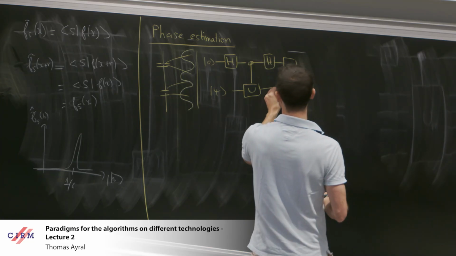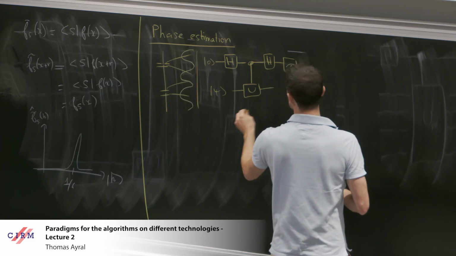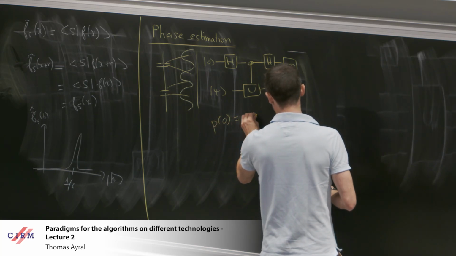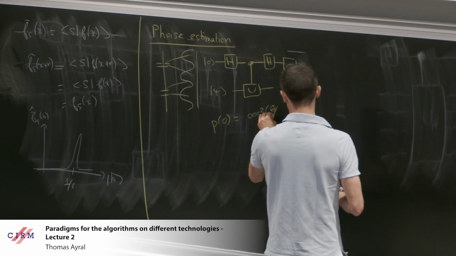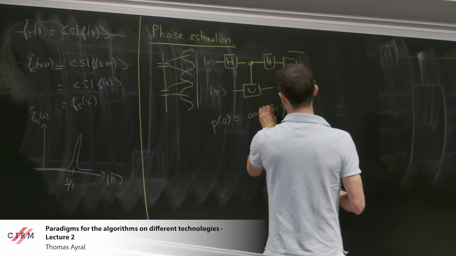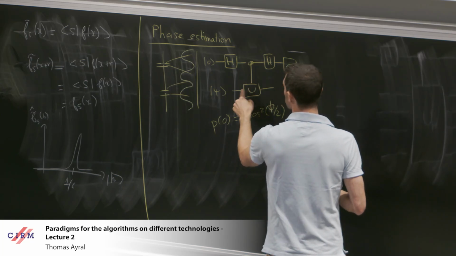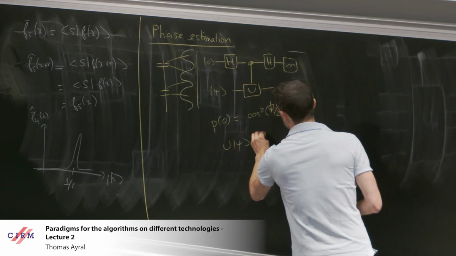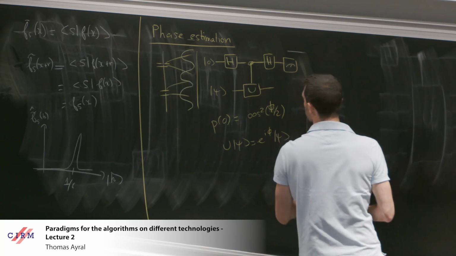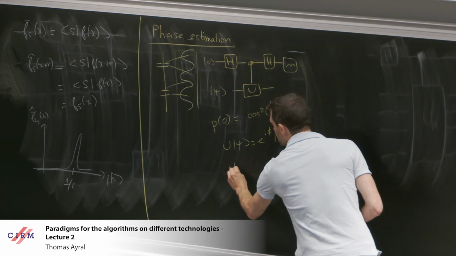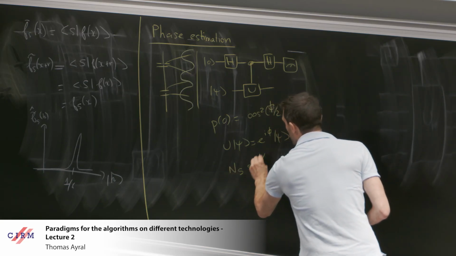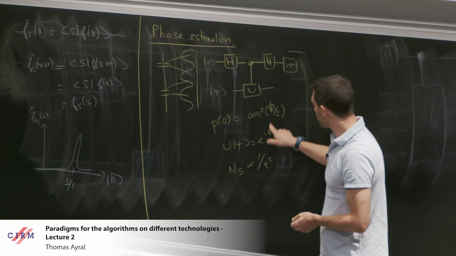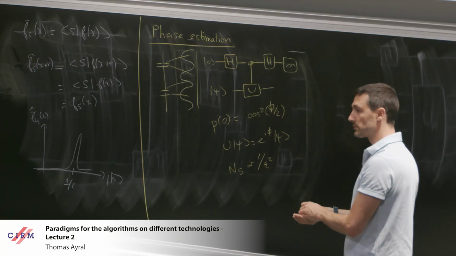And we had seen yesterday that the probability of getting 0 on the qubit was a cosine squared of phi half, where phi is the phase corresponding to the vector. So I had said that U times the vector was exponential of i phi, and the goal was to find phi. But we had seen that the number of shots we needed was 1 over epsilon squared, where epsilon is the error that I make on the phase estimation, so that was not super nice.